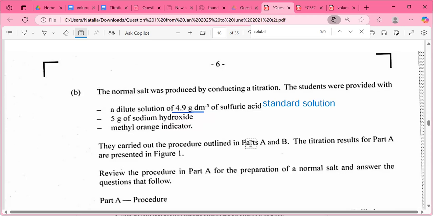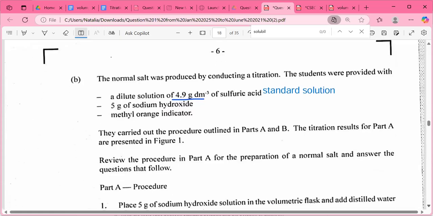They carried out the procedure outlined in Part A and B. The titration results for Part A are represented in Figure 1. Review the procedure in Part A for the preparation of the normal salts and answer the question that follows.